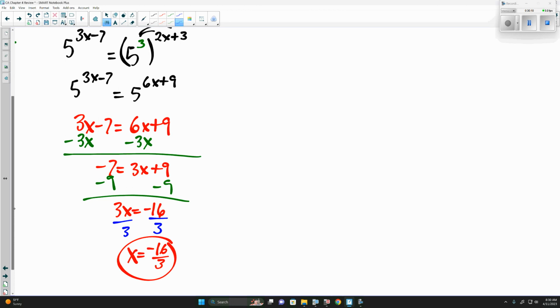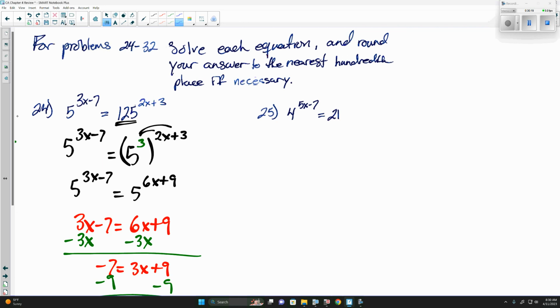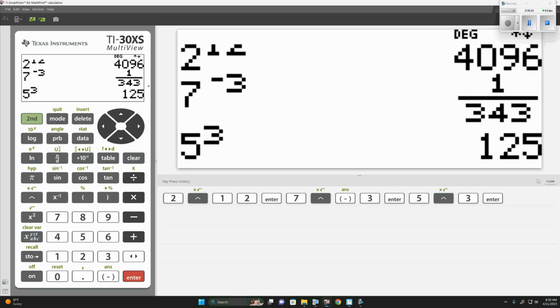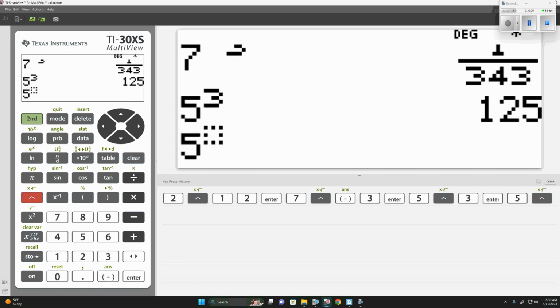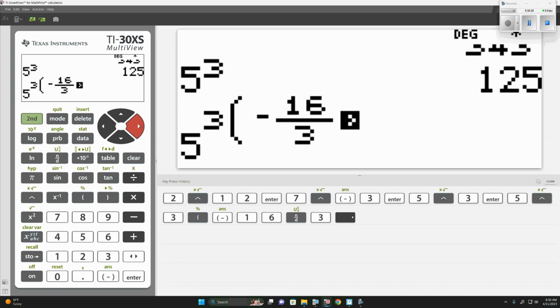If you're not sure, especially on the test, the answer comes up funky looking or doesn't look right, plug it in. Plug it back in to the original function and see, do we get the same answer? 5 to the 3 times negative 16 over 3, what was it, plus minus 7.